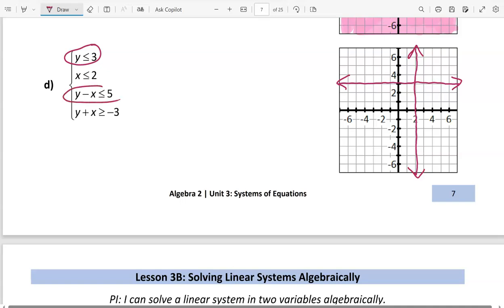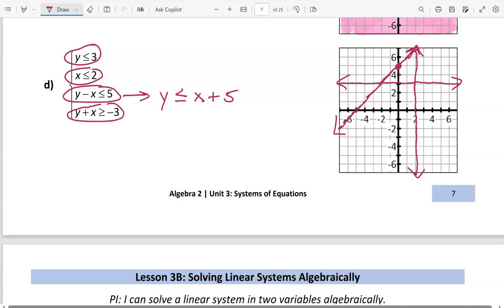And then I'll add x to both sides for the third inequality. That will give us y is less than or equal to x plus 5. That has a y-intercept of 5 and a slope of 1, and or equal to is indicated, so that border gets a solid line.